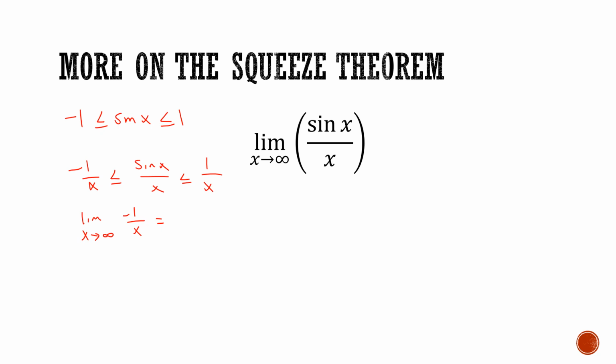So this is going to actually be zero, because we have a horizontal asymptote at 0. And then we have the limit as x approaches infinity of 1 over x. And again, because we have that horizontal asymptote at 0, our limit is 0. Well, since our two functions are equal and sine x over x is between those two functions, the limit as x approaches infinity of sine x over x is equal to 0.